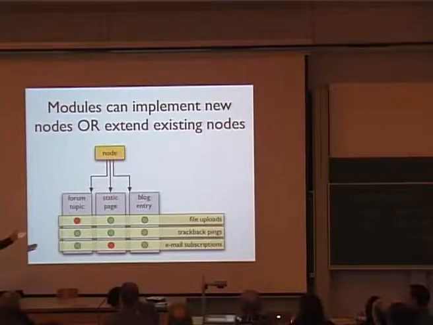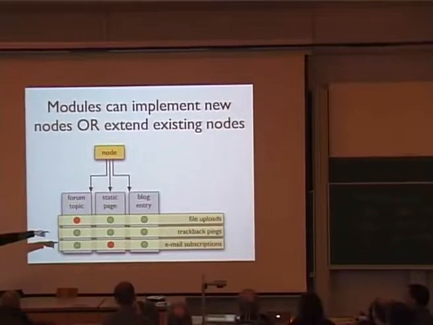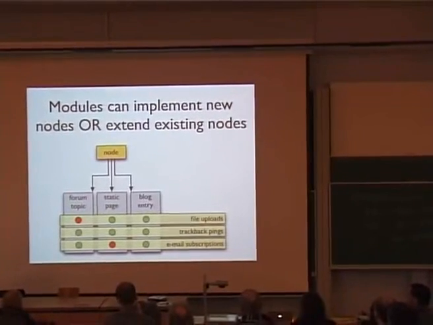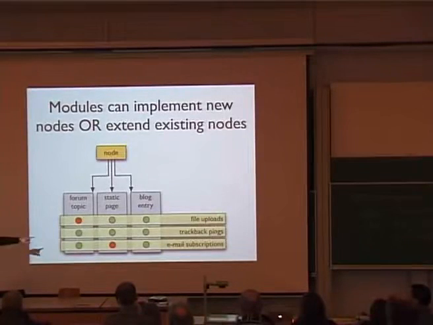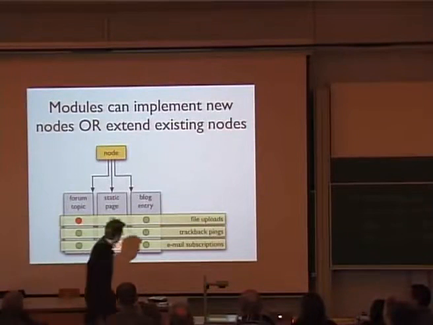For example, the upload module can provide upload functionality and attach it to any of these content types. And then you can configure which node types are affected by that module, so you don't have to use that. Other examples are trackback and email subscriptions, for example.